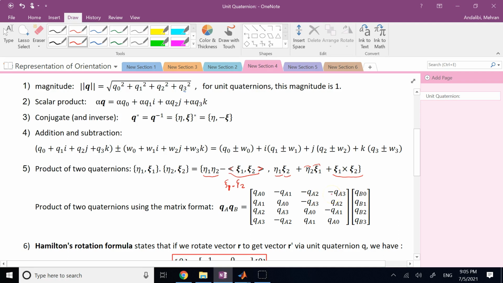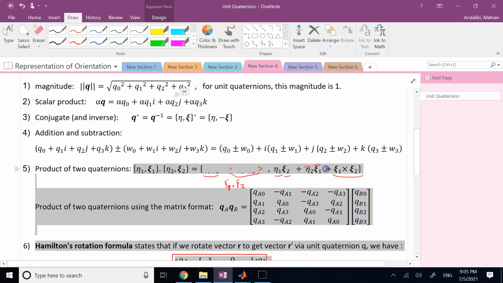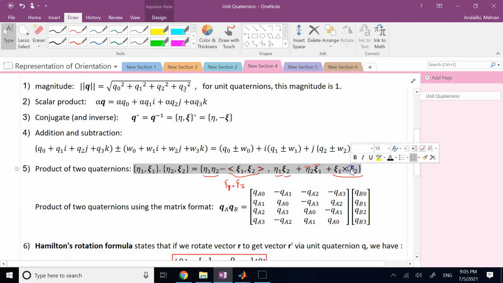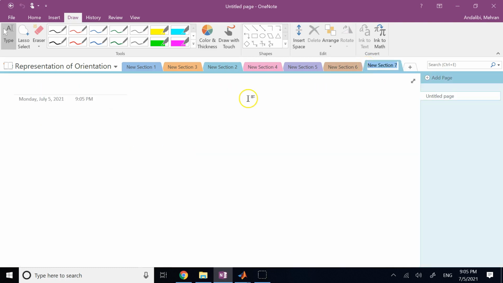So let's practice on it a little bit and see where this formula comes from. And then we can also do the product of quaternions using a matrix notation and matrix format. But first, let's work on this formula, see where this one comes from, and practice on it a little bit. And then we'll go from there.